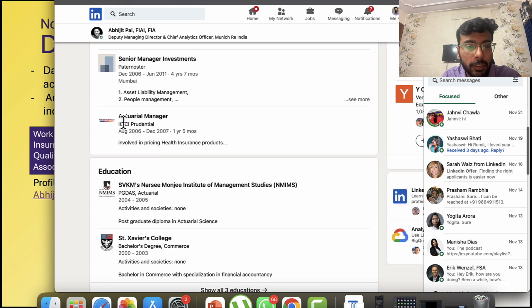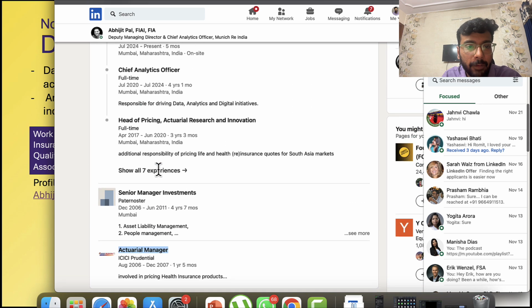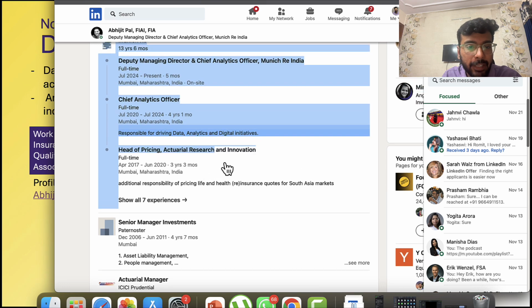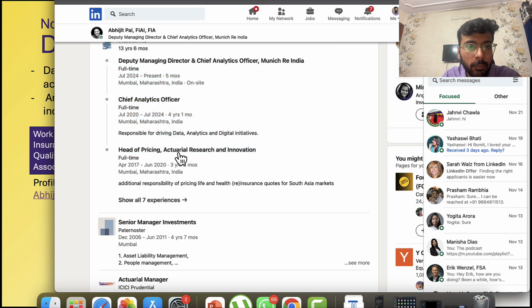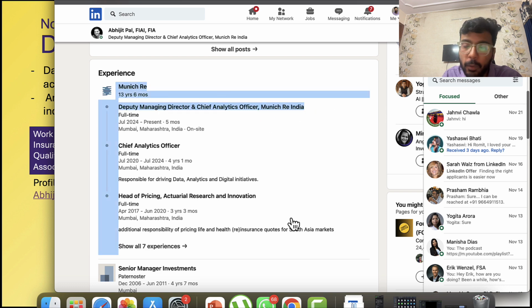If you see Abhijit's profile, he actually used to be an actuarial manager, then went on to an actuarial role in Munich Re, and then moved on to become the director and chief analytics officer at Munich Re itself. So he has taken that path. He's moved into data science, right? He's moved out of actuarial science in a way, right? So that is one path that you can take.